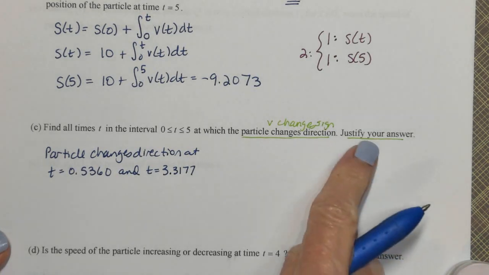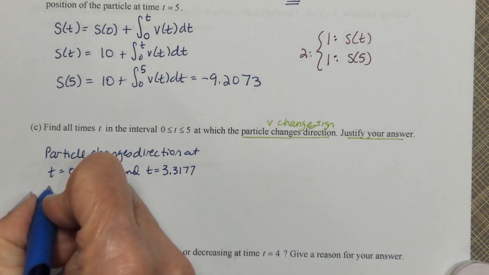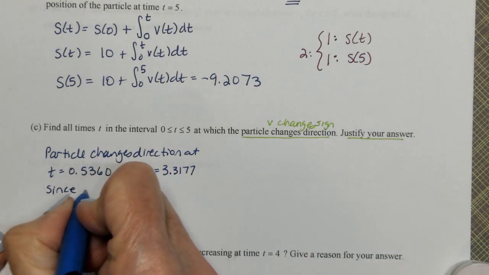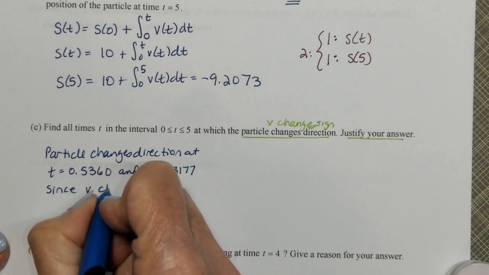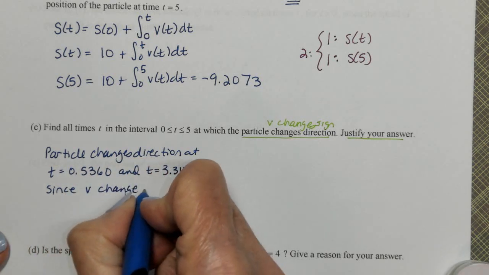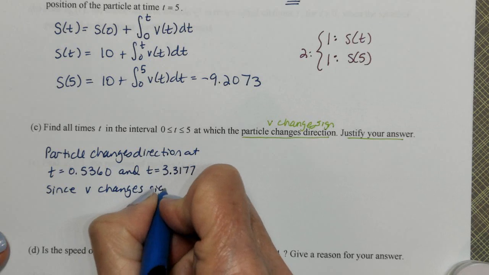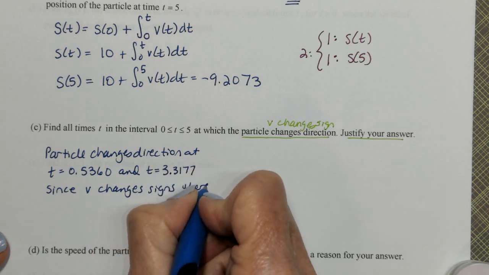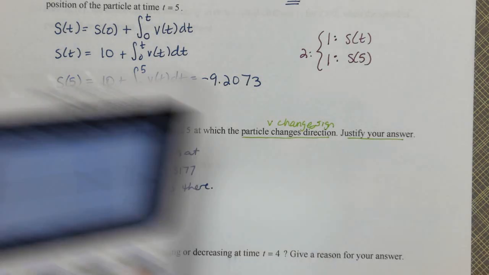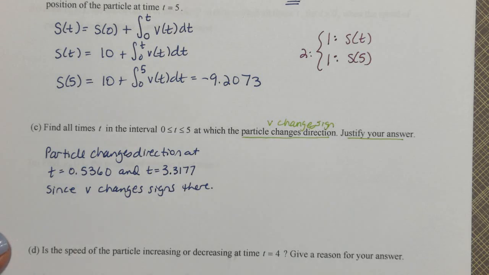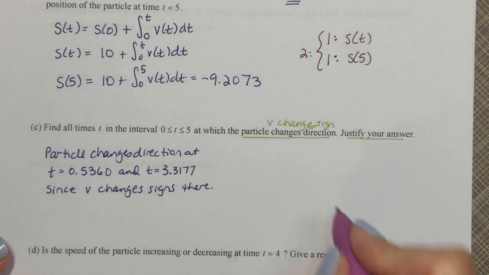Okay, so we need to say why. What did we do? Since v changes sign there. Okay. They awarded us 3 points total.